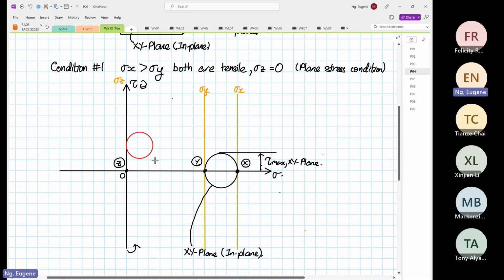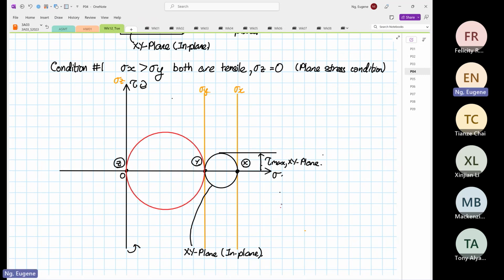So over here, because it touched YZ, now this is your YZ plane, and this is your out of plane.